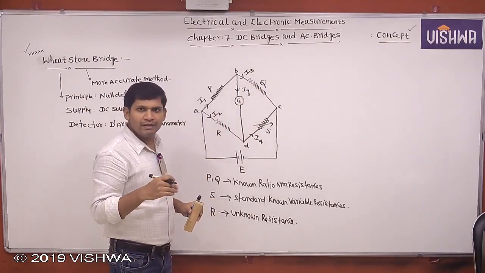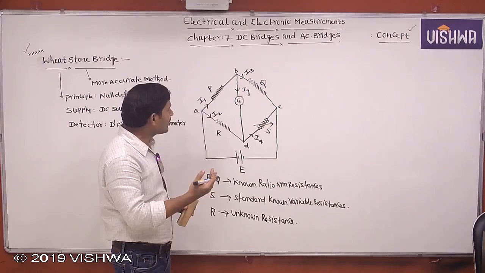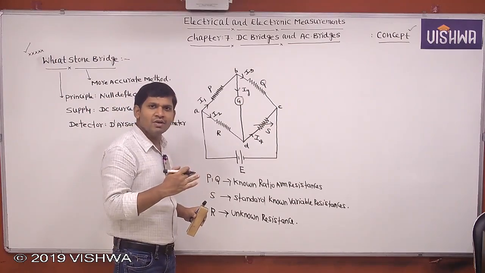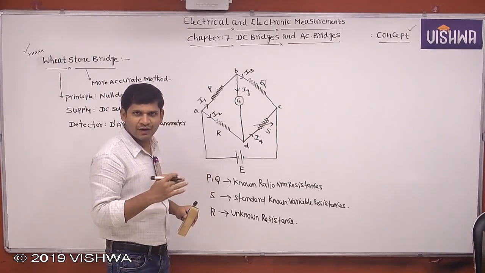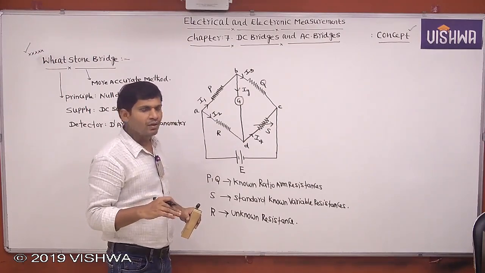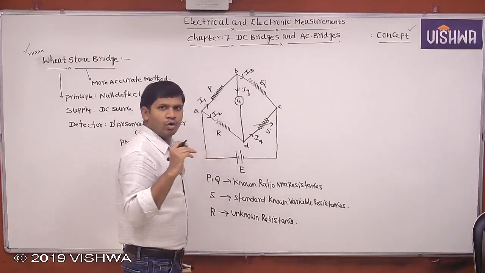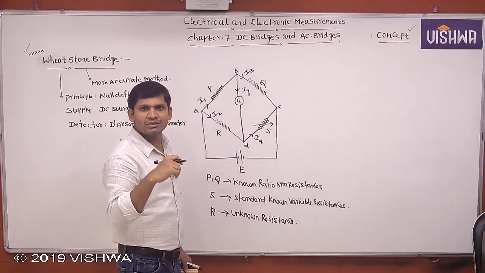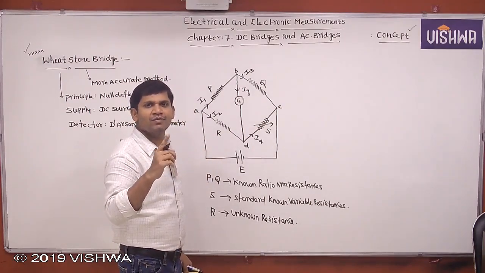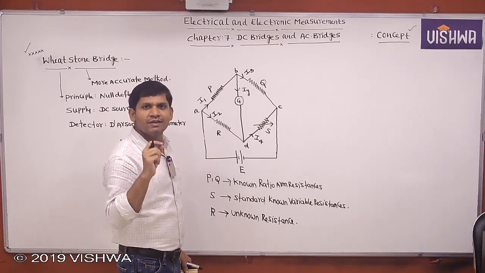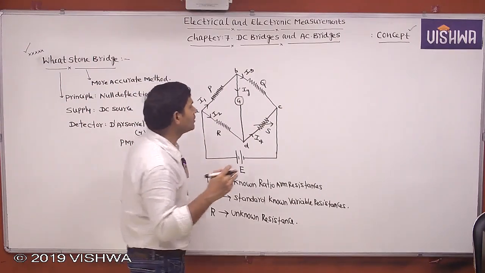Now I want to make some observations at balance condition. What are the different conditions satisfied in a Wheatstone bridge? Now you tell me, by seeing the bridge, how do we say that the bridge is balanced? Yes. If the galvanometer deflection is 0, then we can say the bridge is at balance condition.